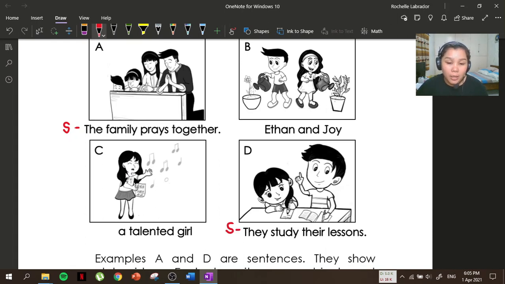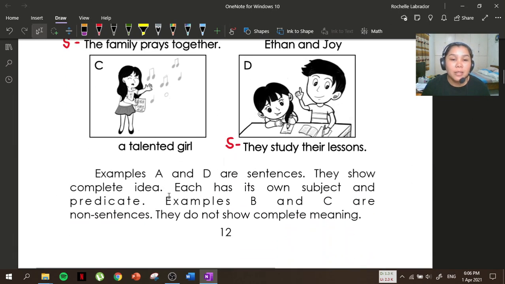Therefore, the family prays together and they study their lessons are examples of sentences. Why is it so? They show complete idea. Each has its own subject and predicate. When we mean by subject and predicate, in short, these are the parts of a sentence.